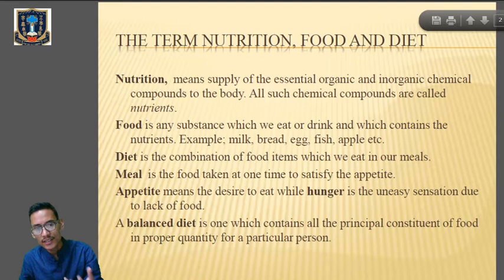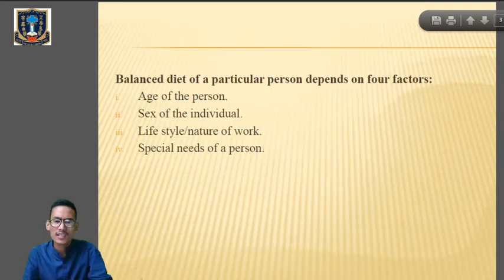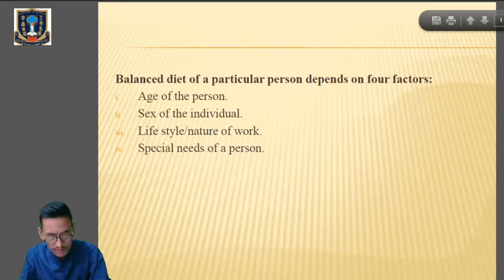Can you give me an example of a balanced diet? This is milk. The balanced diet of a particular person depends on 4 factors. What are those factors? First is the age of the person: it can be a child, a young one or an old one. Then sex of the individual, either male or female.